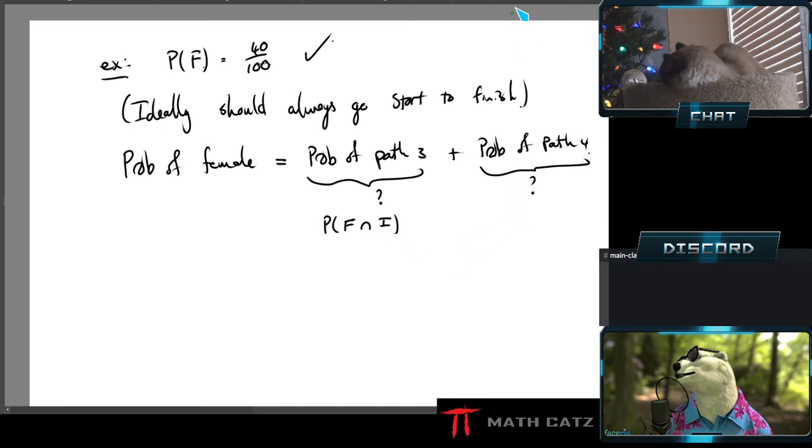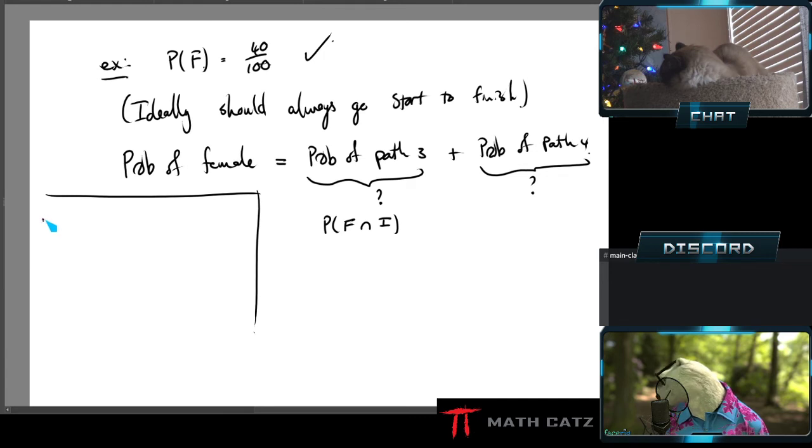And path 4, let's just pause and finish path 3. How do I find this probability? Well, if I go on the side here and remember the definition of a conditional probability we've seen a couple of times now, call it the definition, call it the formula, whatever you want. It's the intersection of the two over the probability of the given one.